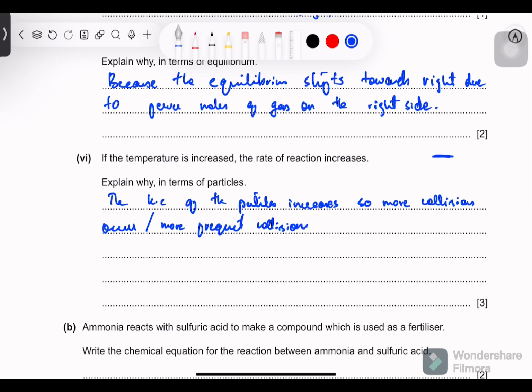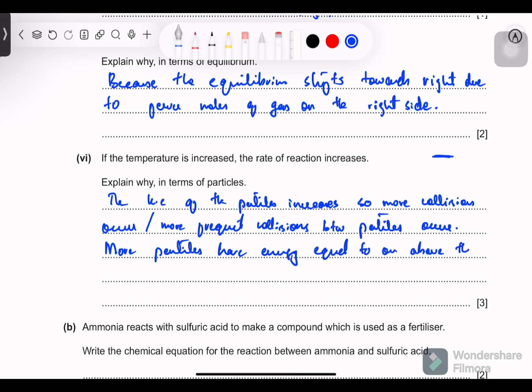More frequent collisions between particles occur, and more particles have energy equal to or above the activation energy.